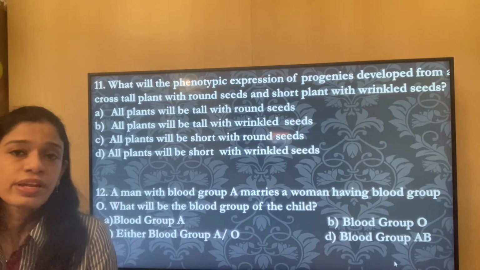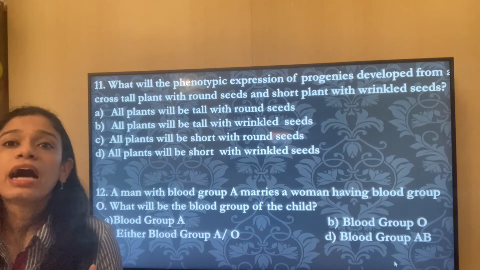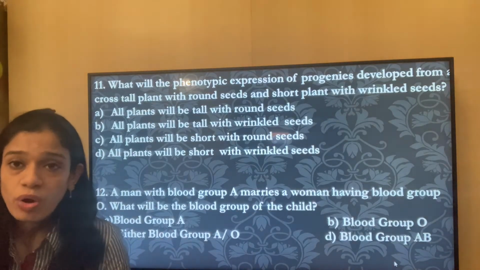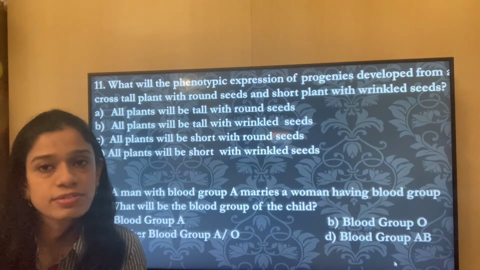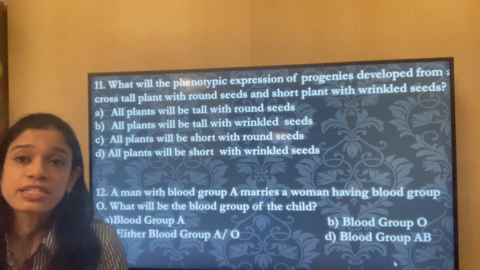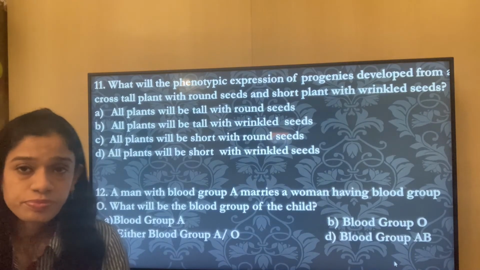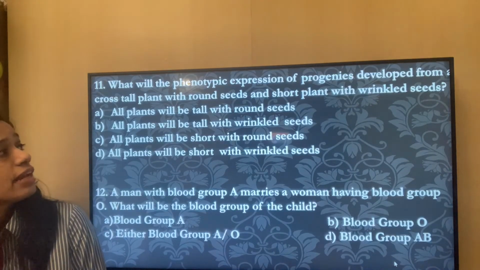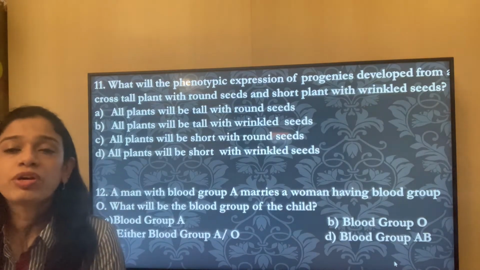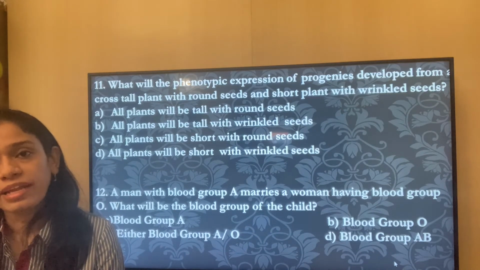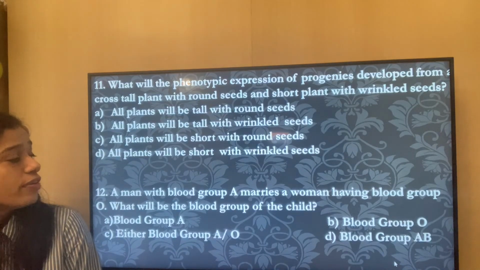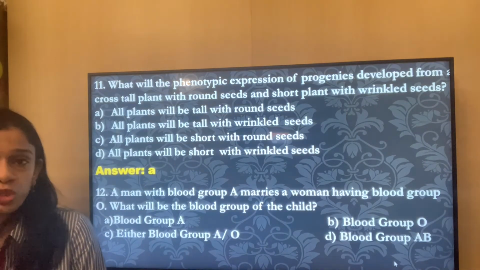So the other plant is a pure recessive, a homozygous recessive plant, and this is a homozygous dominant plant. All plants will be tall with round seeds, because tall and round are both dominant characters and will get expressed. That is option A.